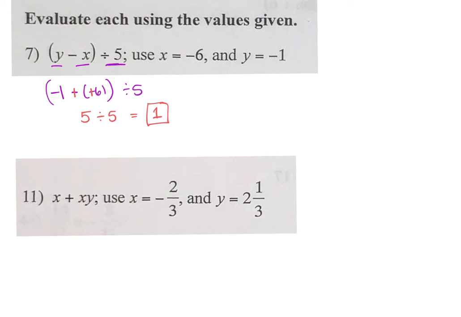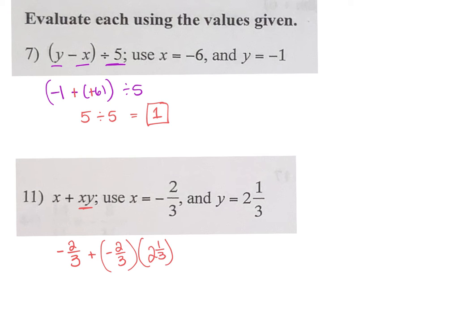All right. For the next one, they threw in fractions. This is the biggest struggle for most people, these fractions here. I'm just going to plug them in. My x is -2/3, plus, what is this xy? What's happening between those two variables? Yeah, multiplication. So I have -2/3 times 2 1/3.